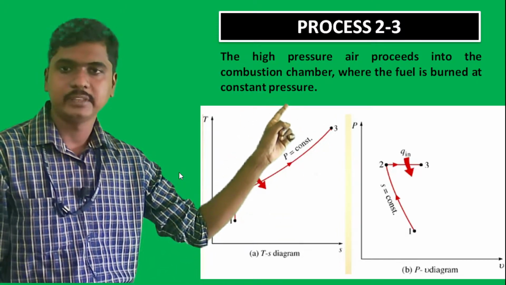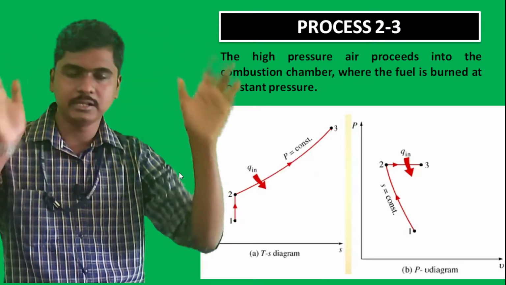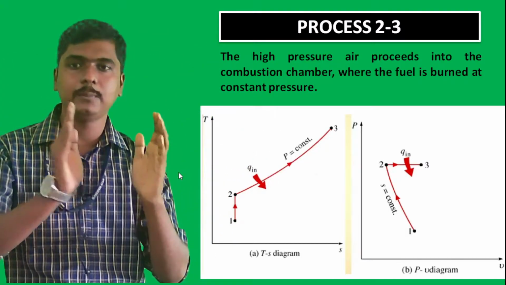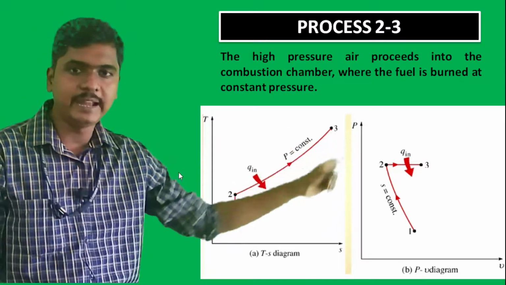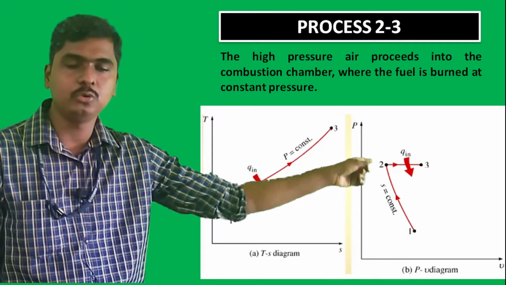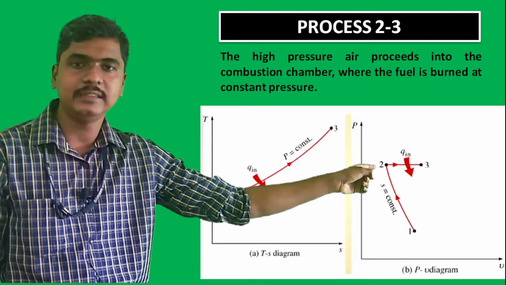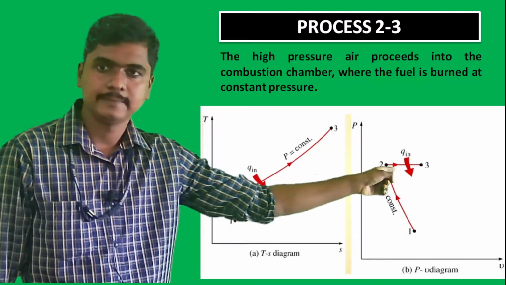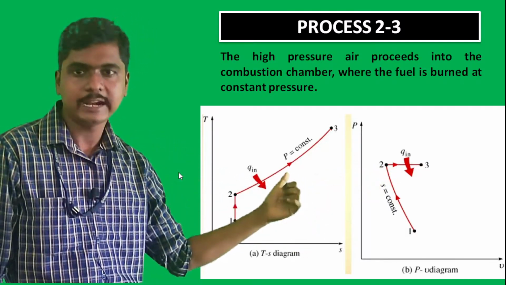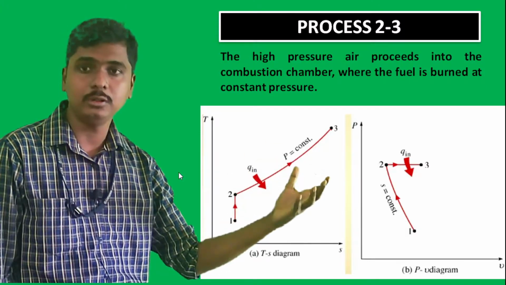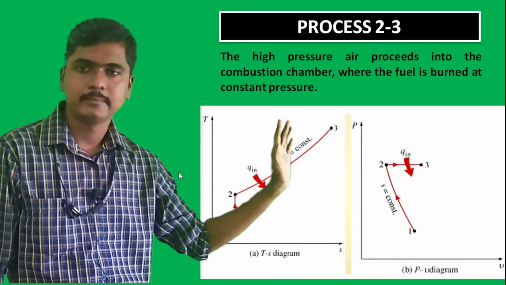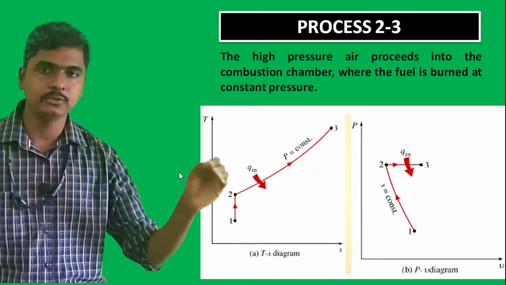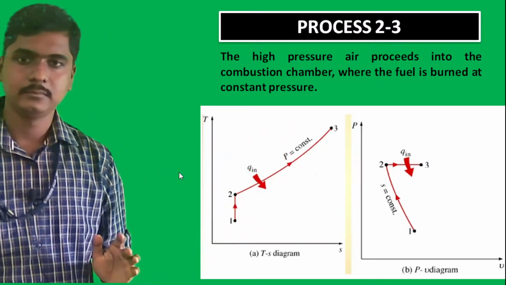Inside the combustion chamber we are maintaining a constant pressure. That's why in the PV diagram you can see in process 2 to 3 the pressure is constant. Clear? We are adding heat, meaning we are burning the fuel, so we are adding heat at constant pressure. That is exactly what happens in process 2 to 3.